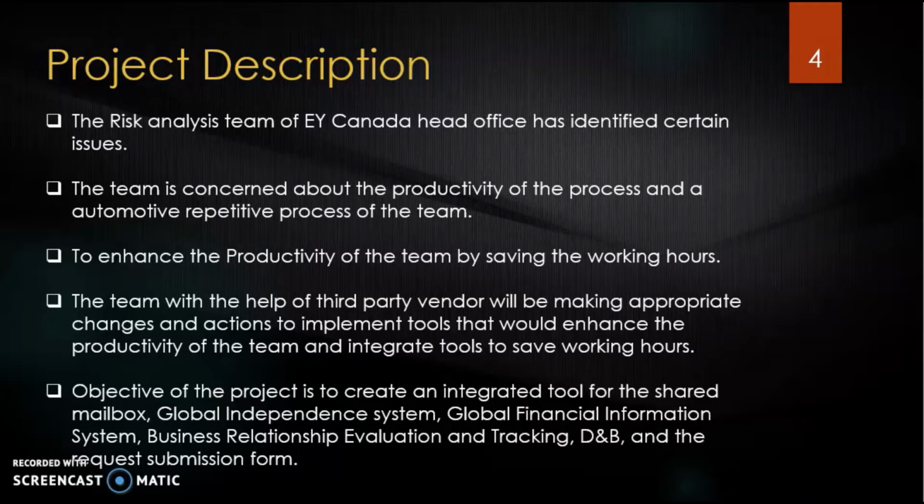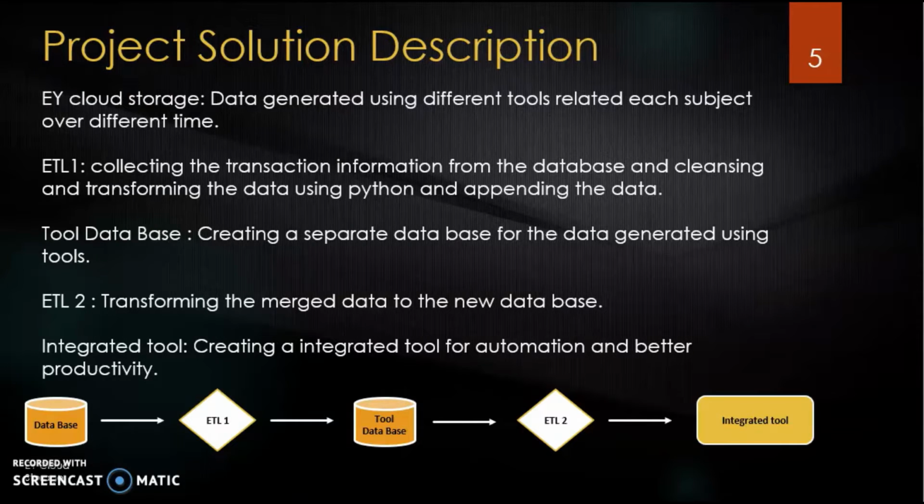The main objective is to create an integrated tool for the actions like shared mailbox, global independent system, global financial information system, business project solution description. As a part of the project, the initial phase would be collecting the transaction information stored in the EY cloud storage, and it has to be cleansed and transformed using Python and has to be appended, and it is ETL1.